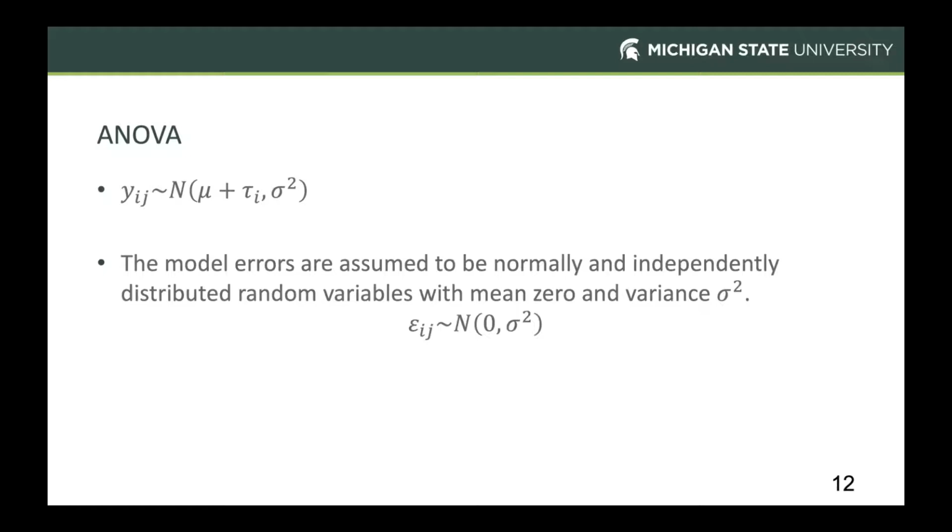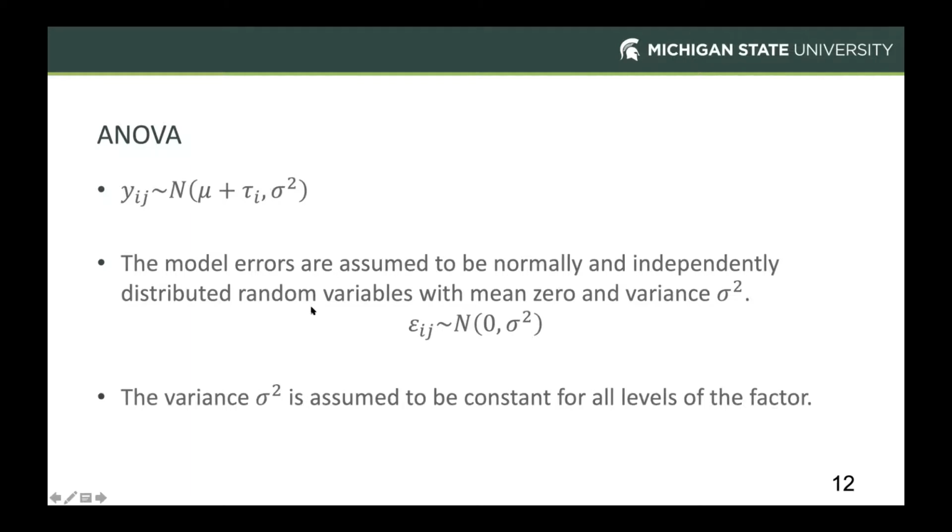And we'll assume they have a mean of 0, which in short here would basically mean that the individual data points would tend to be clustered around this group mean that's denoted as mu plus tau i, and they would disperse around that mean with variance sigma squared, okay? So we can think about sigma squared from those two different perspectives there.